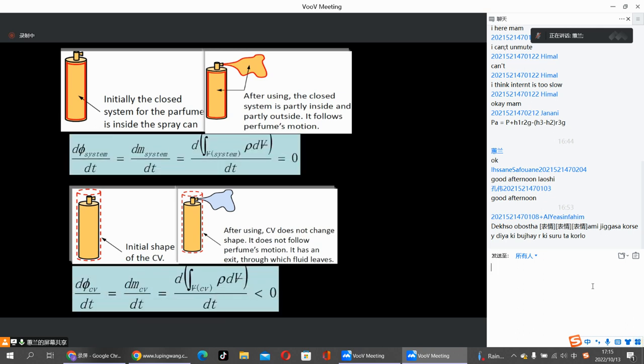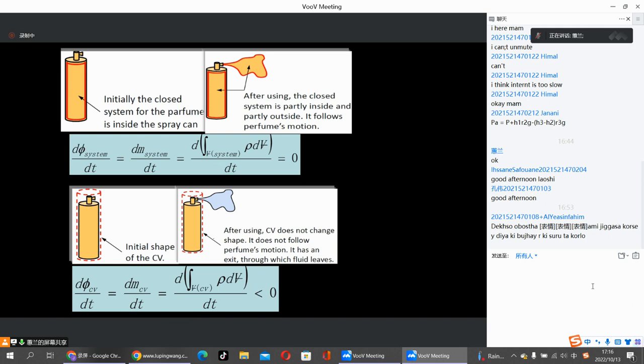Here, instead of the extinguisher, you can use a perfume can, a spray can. It's the same for the system: even though its shape and size changed after using, with some out of the can and some inside the can, the system still consists of all the perfume. So its mass change rate with time should be equal to zero for the system.